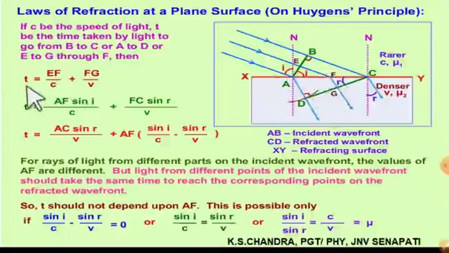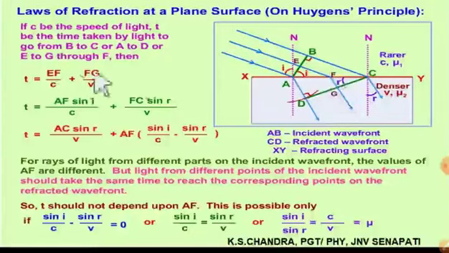So let's take it that, as we did in the case of reflection, t will be equal to the time taken by the light waves from B to reach C. During that same time, the light from E should also reach this point G. So this time will be equal to the time taken by E to travel in the rarer medium plus the time taken to travel in the denser medium. That means the time taken to move EF plus the time taken by light to move FG.